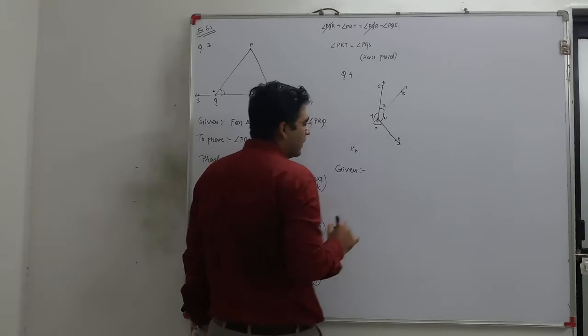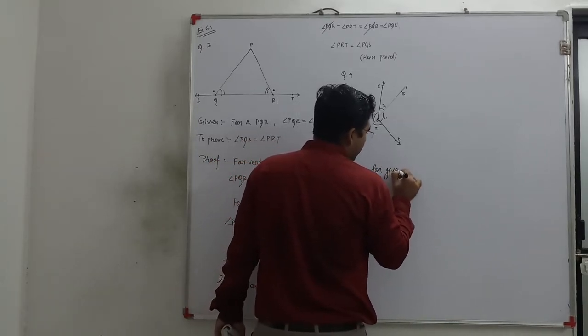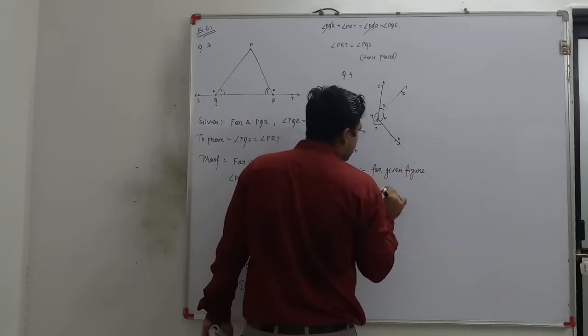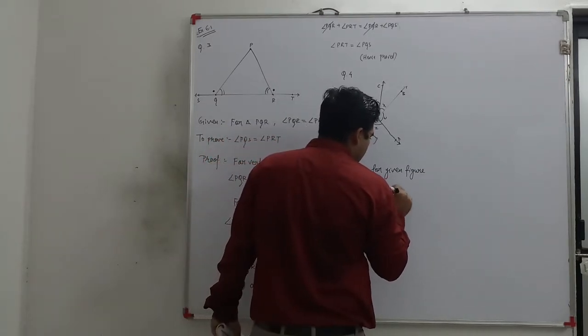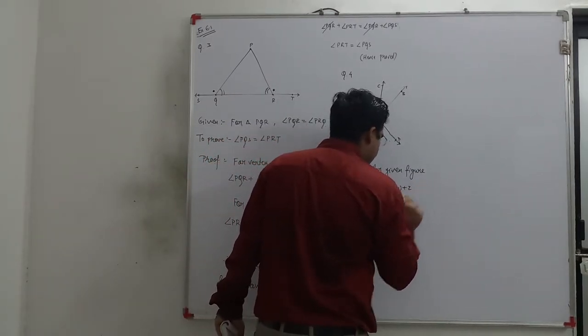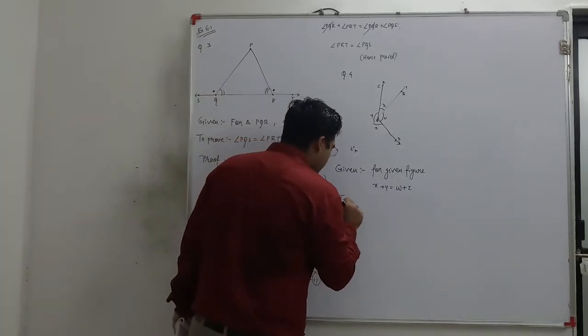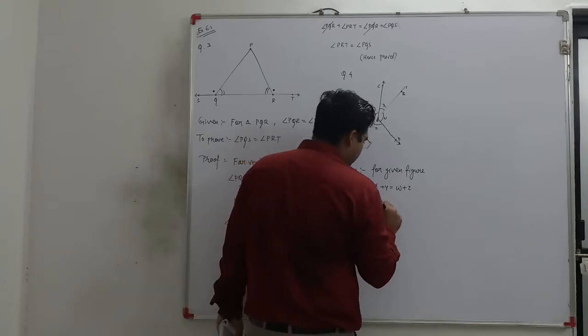First, the given for the given figure is X plus Y is equal to W plus Z. Next, we have to prove that AB is a line.